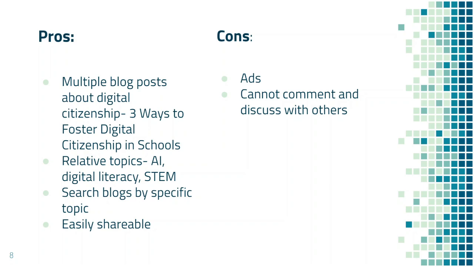The ISTE website had relevant topics for its blogs, topics such as AI, digital literacy, and STEM. There was also the ability to search blogs by specific topics, which made searching for what you want very easy. And the blogs were also easily shareable with links and shareable on social media as well.